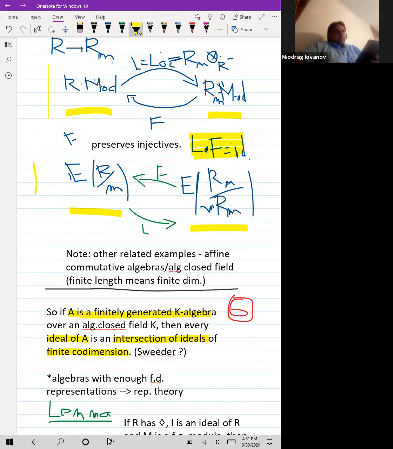So in affine algebras, of course, we know that prime ideals are intersections of maximal ideals. Therefore, maximal ideals, at least over an algebraically closed field, are all codimension 1. But this goes farther than just prime ideals. It goes to any ideals. All ideals are such intersections.